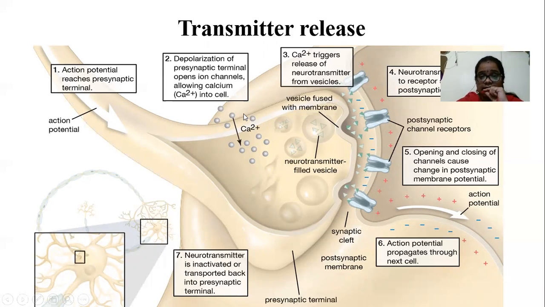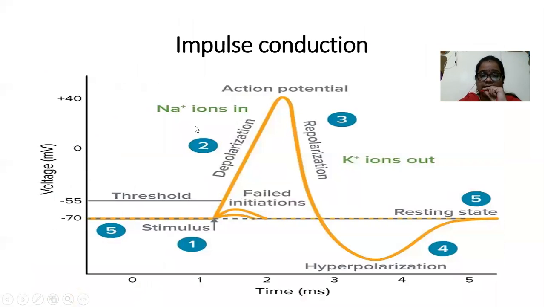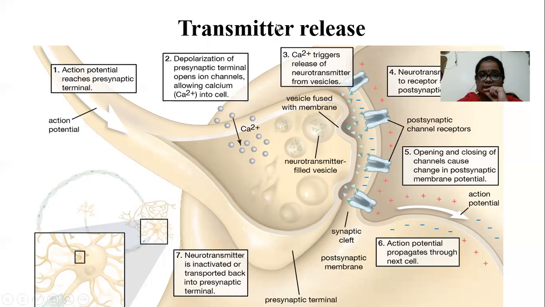In the production of the action potential, sodium channels are activated, but during the release of neurotransmitter, calcium channels are activated. Because of the activation of calcium channels, there is a high influx of calcium ions into the presynaptic nerve terminal.